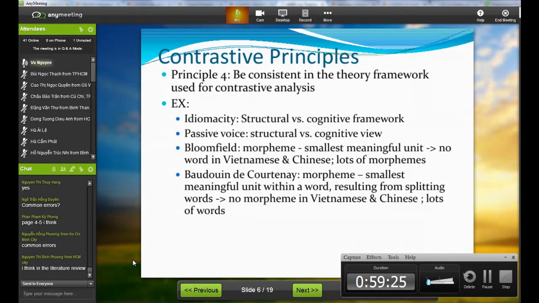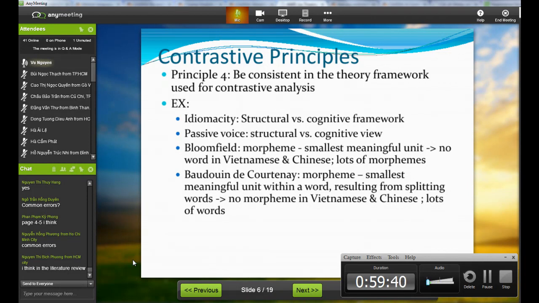And she argues that in both English and Vietnamese there are free morphemes and bound morphemes. And in her discussions, she sticks to only one theory about morphemes.